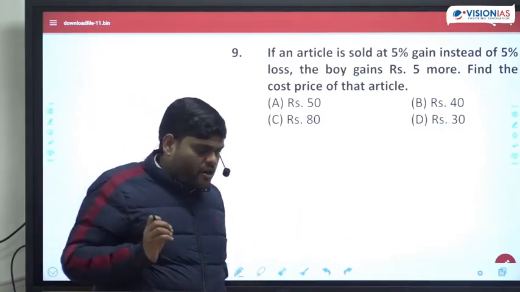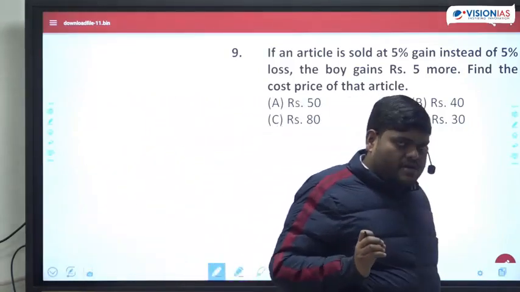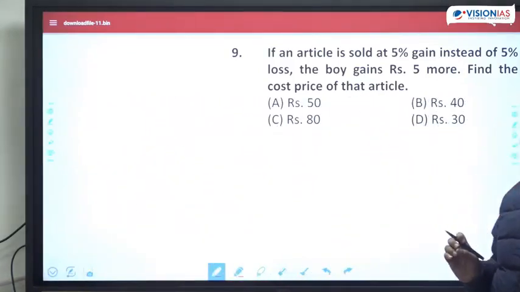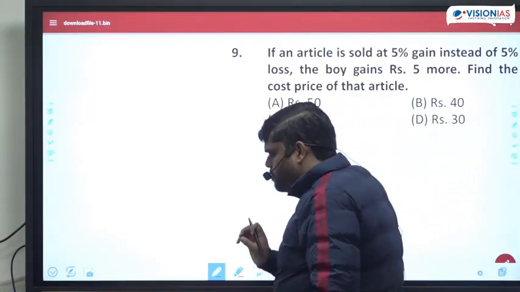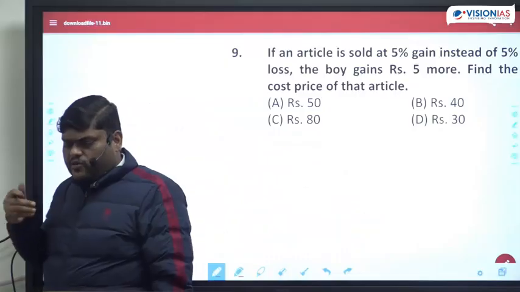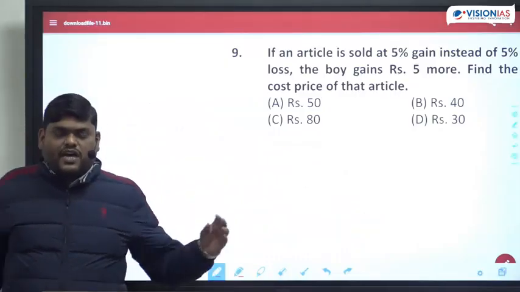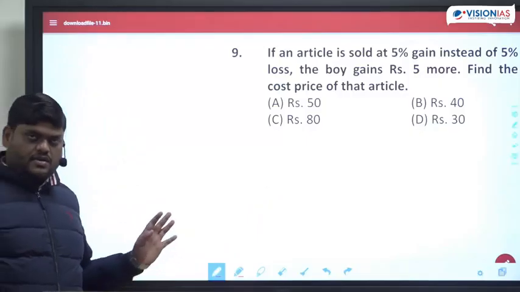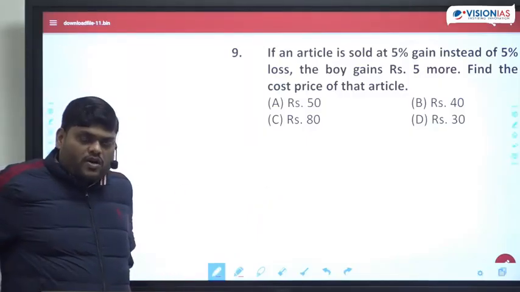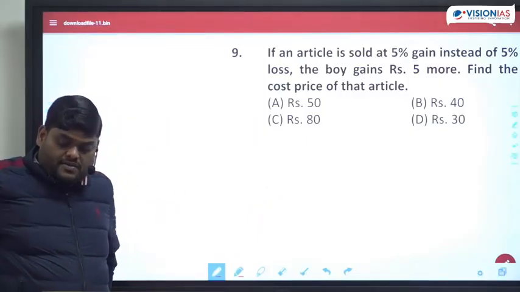Are you getting my point or not? My point is very clear: if you are still confused between CP, MP and SP and still not able to interpret it, then better you go back and see again what is the difference between all three.